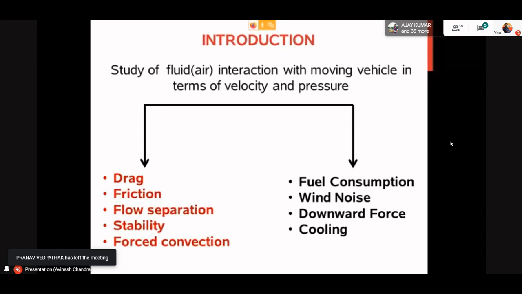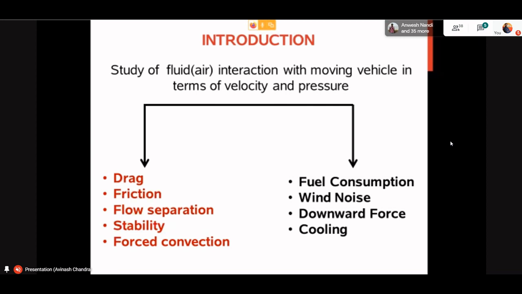Most of you have experienced this: when you sit inside a car, you can feel a different kind of noise, even if you are inside, due to the interaction of the tire with the road, or just air noise. This wind noise can come from friction.